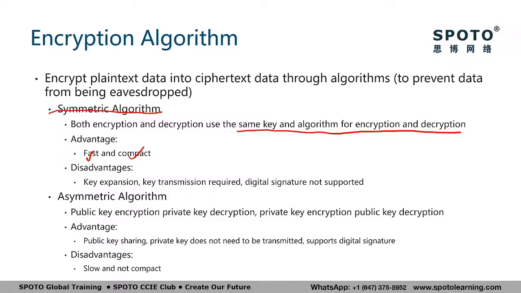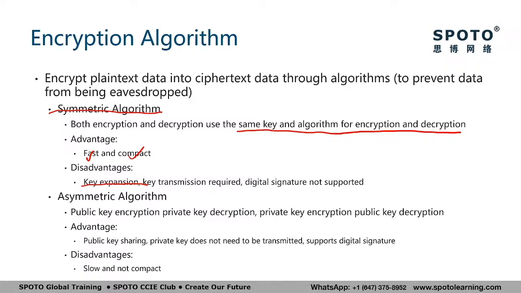So this means you need a same pre-shared key with everyone. If you have 10 pairs, you need 10 keys. If you have 50 pairs, you need 50 keys. That's why the key expansion would be a problem. You need to manage lots of keys, one for each.